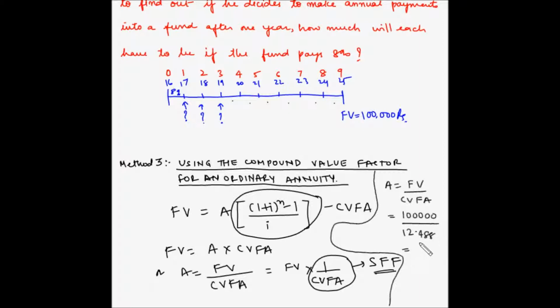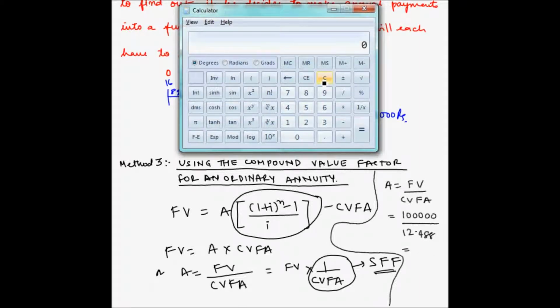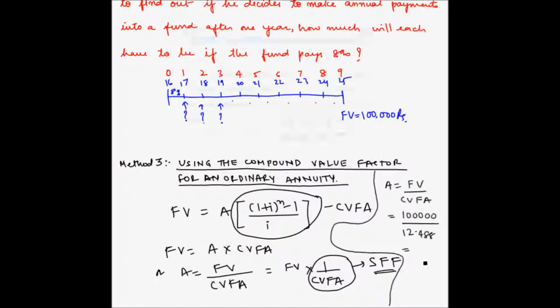So this is equal to 100,000 divided by 12.488. So 8007.69 rupees. And this is the same answer we got in the previous two methods as well.